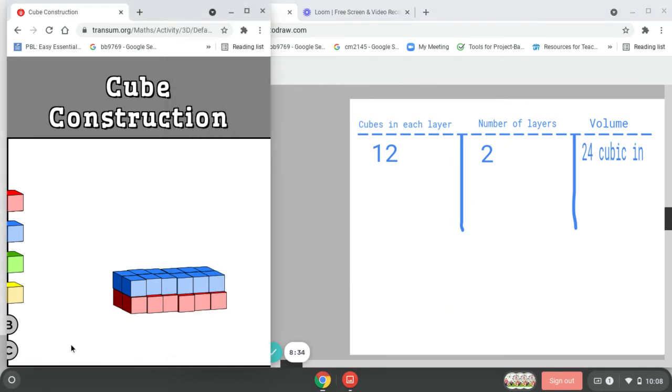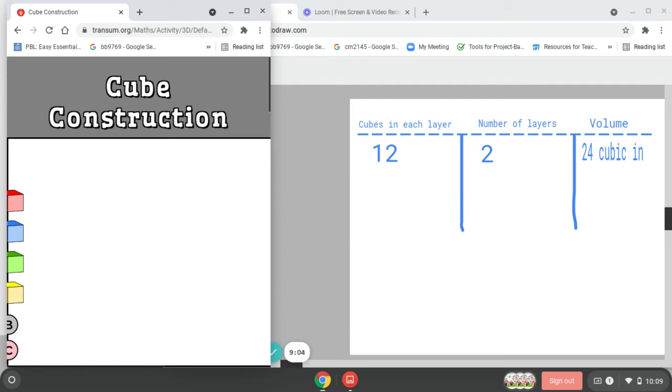So I'm going to think again. How can I create a 3-dimensional figure that's going to give me a volume of 24 cubic inches, but I need to have layers within this figure that have the same amount of unit cubes in it? For the last one, I thought about what numbers are divisible by 24.